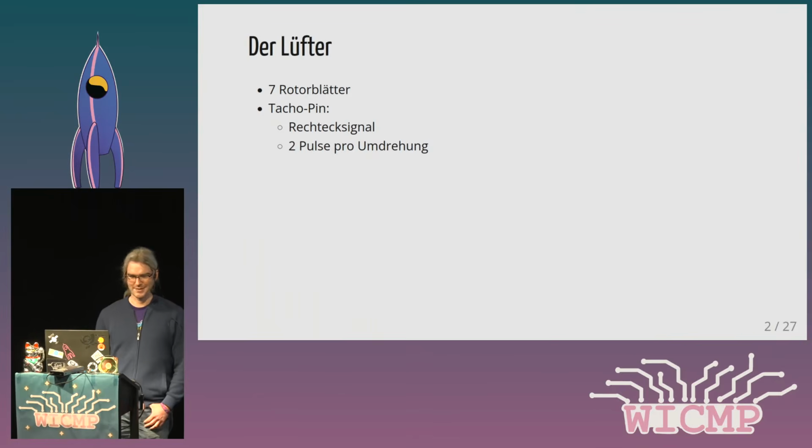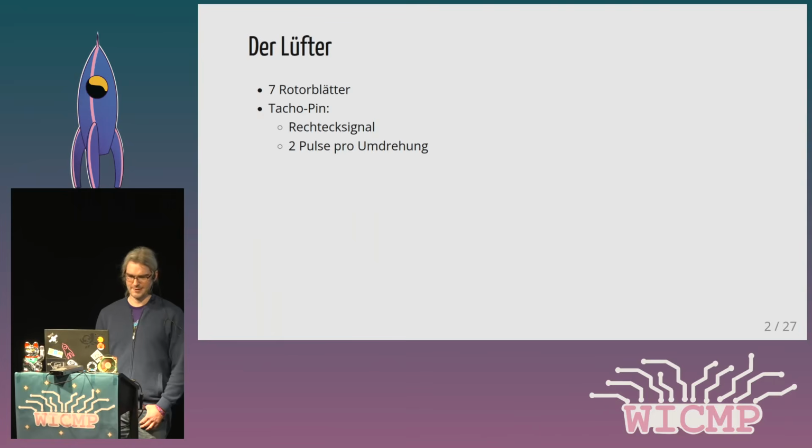So how does such a fan typically look? Normally we have 7 fan blades. That's true for most of the PC fans, but not all of them. A fan also has a spin signal pin where you can read back the number of revolutions per second.